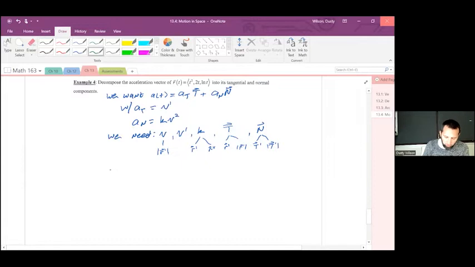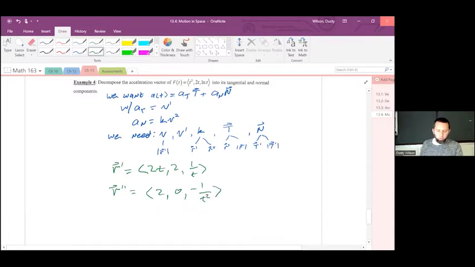So we know that r prime will equal 2t, comma 2, comma 1 over t. We know that r double prime will equal 2, comma 0, comma negative 1 over t squared. This means we can find the cross product of r prime cross r double prime, and I'm finding this for the sake of the curvature.